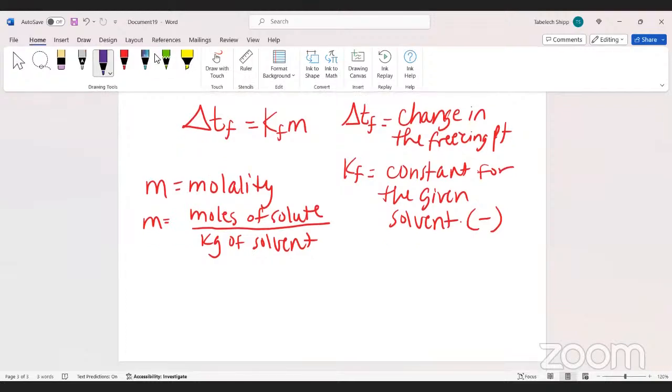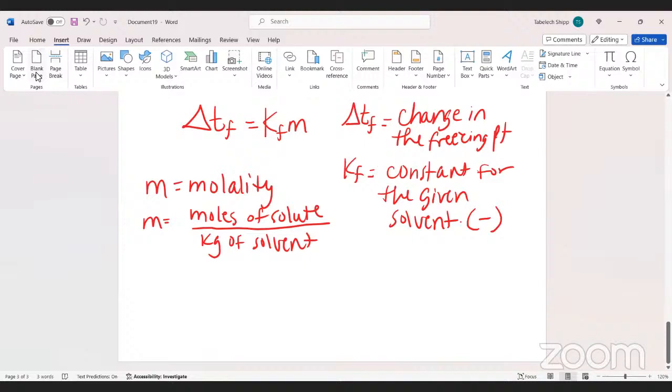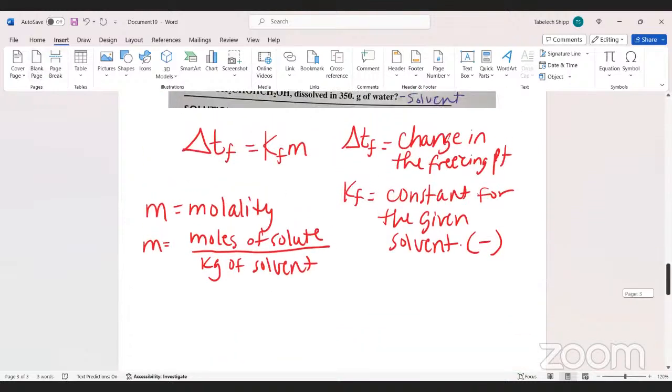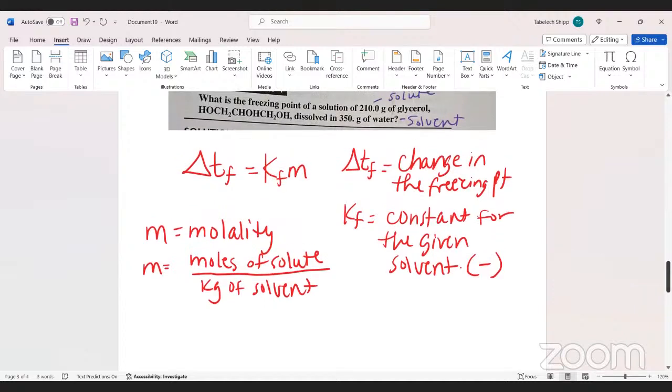So let me also insert a separate page because we're going to need all the space we can get, okay? And I'm going to write down the numbers too. All right, so right here, writing down what was given. They gave us 210.0 grams of glycerol, okay? Which is the solute.